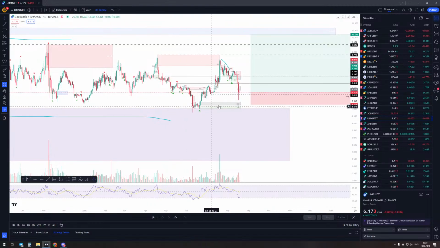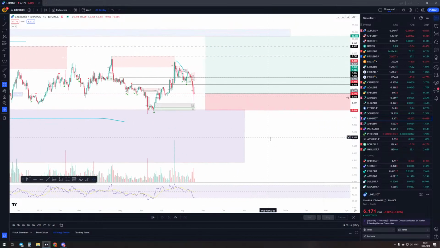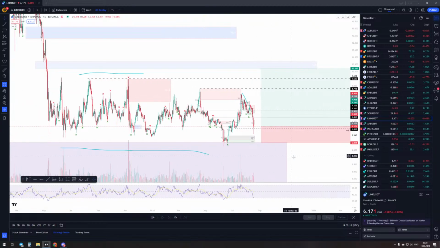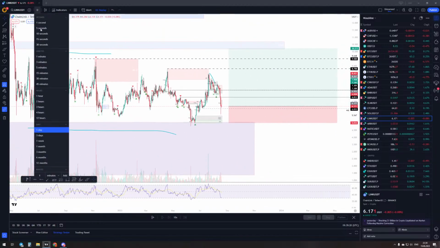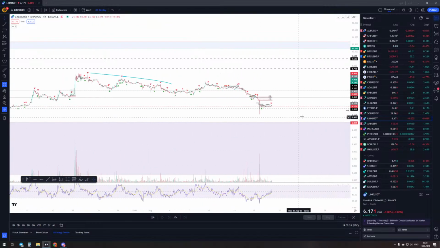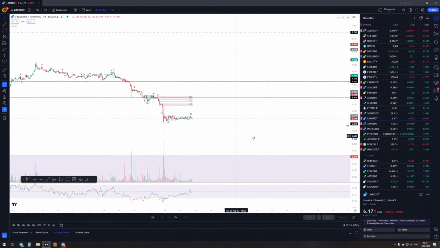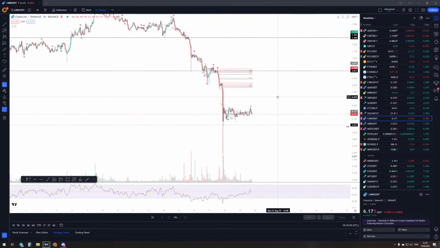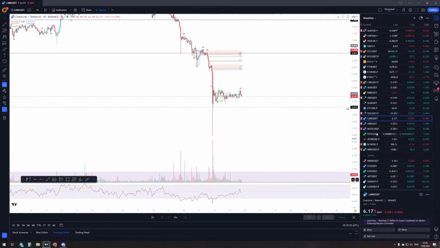We have this sell to buy zone, which wasn't tested, and more likely I will put my stop here, but it's 18%. What I want to do here is just wait to see some confirmation, especially on Bitcoin.